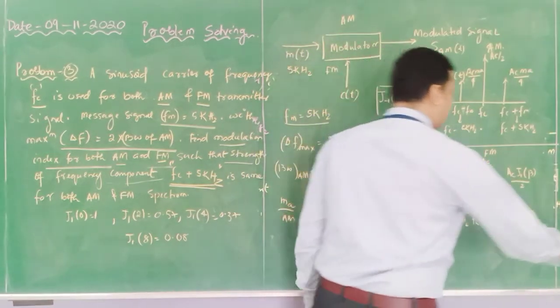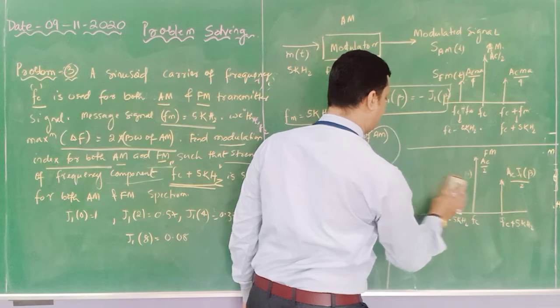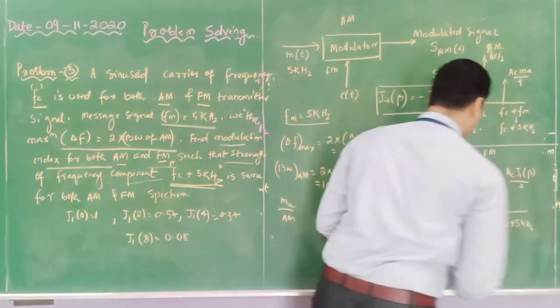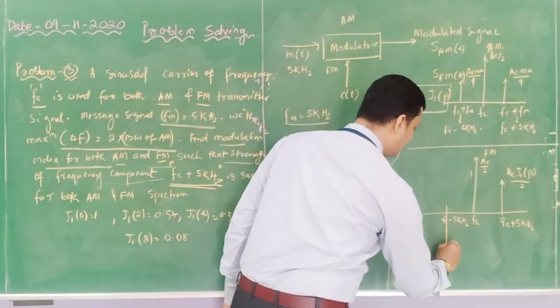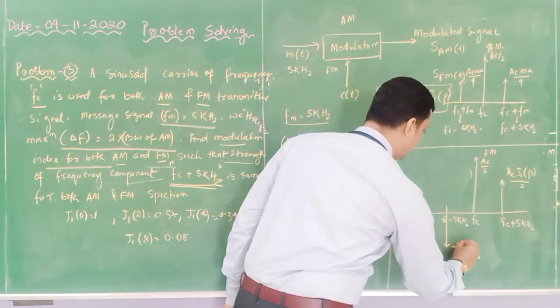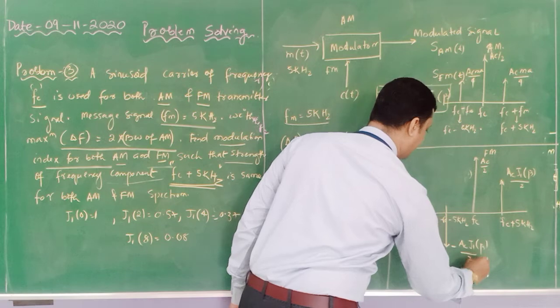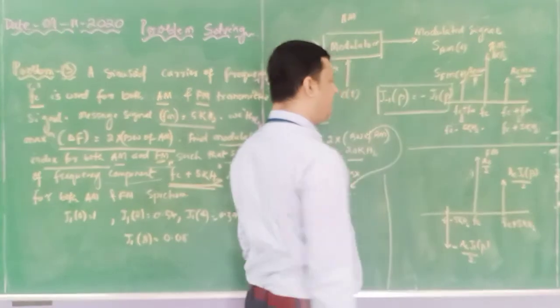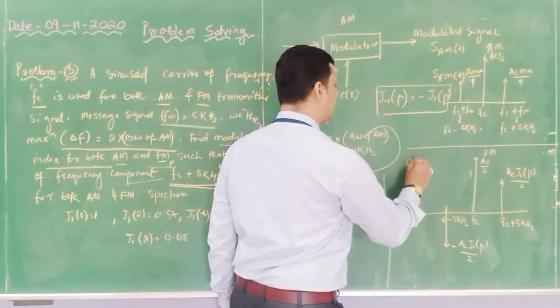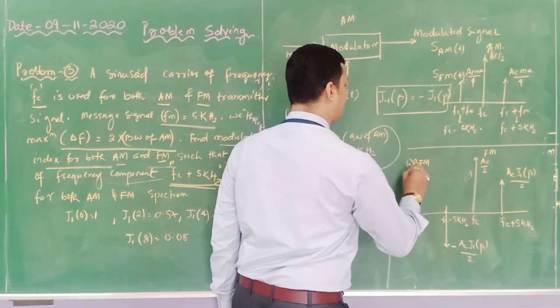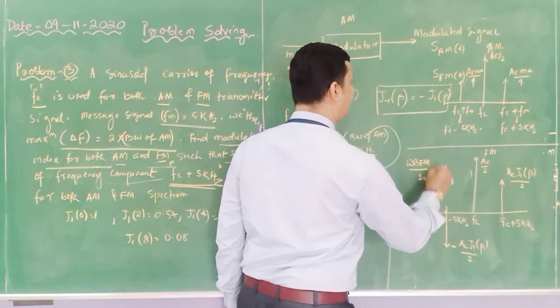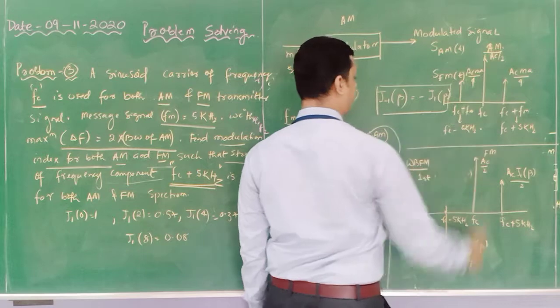So here I am representing this component as minus AC J1 of beta divided by 2. This is for WBFM first order and this is for the AM signal.